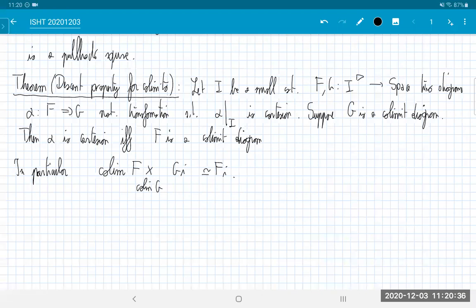And okay, I think I have to tell you a couple of things about where this is coming from, this crazy property, and why it's called descent.